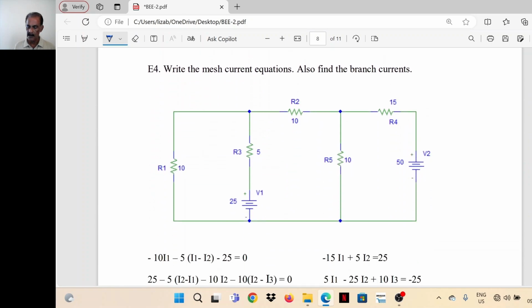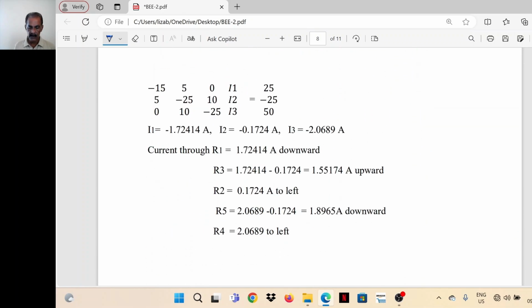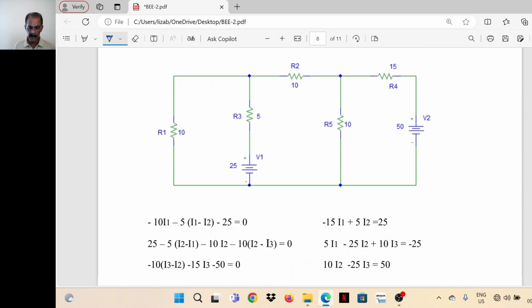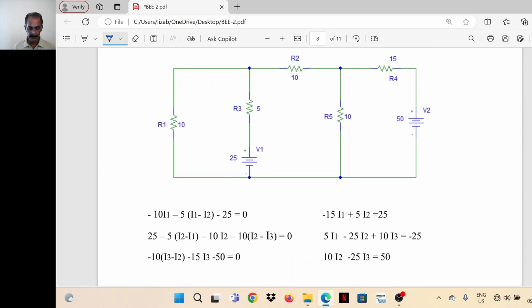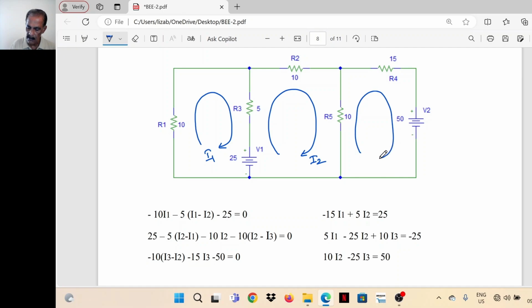Next, we have to solve by the mesh current method. In this case, we have to assume three mesh currents: I1, I2, I3. Now the IR drop here is 10 I1.